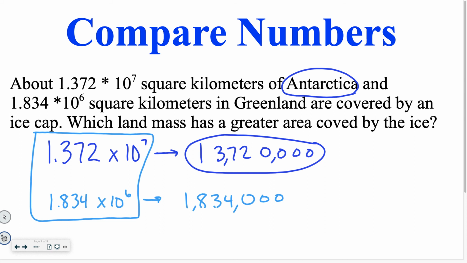So if they have different exponents, and you're looking for the bigger number, you look at the number that has the bigger exponent. Okay? If you're comparing two really little numbers, you're looking at two numbers that are both negative exponents.